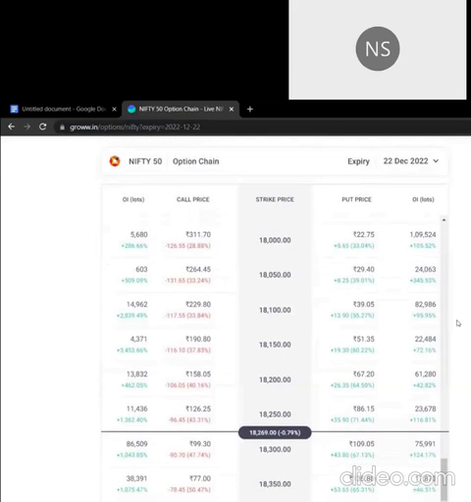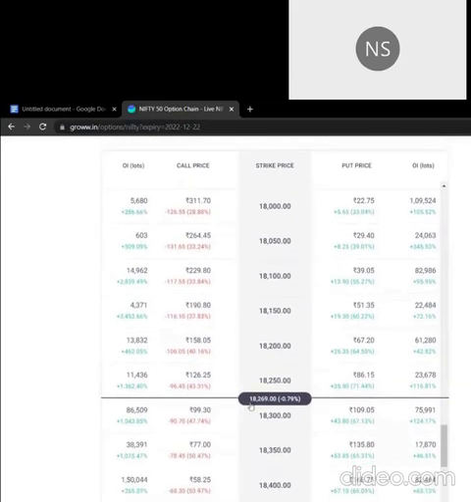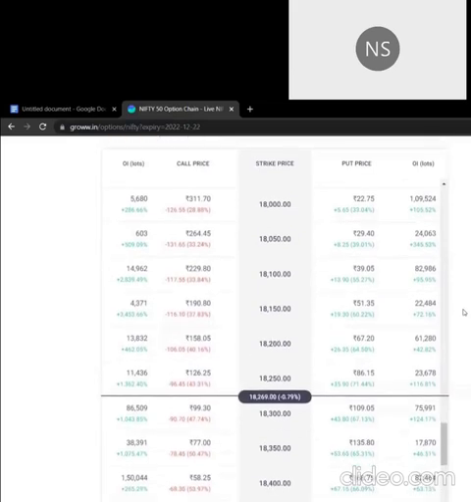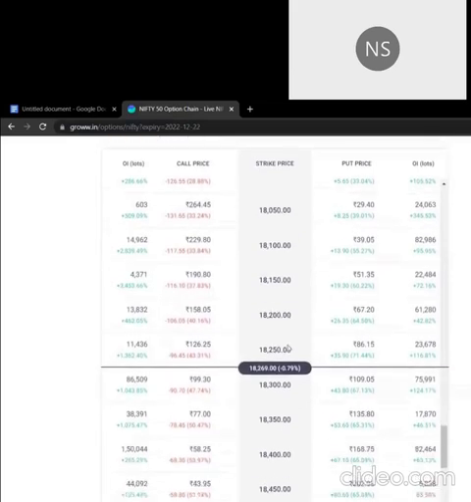Now let's assume that the market is at 18,269 at about 1 to 2 minutes before expiry. So let's say it's about 3:28 or 3:29 p.m. And in 1 to 2 minutes, the market is about to close. Basically, these options will expire.